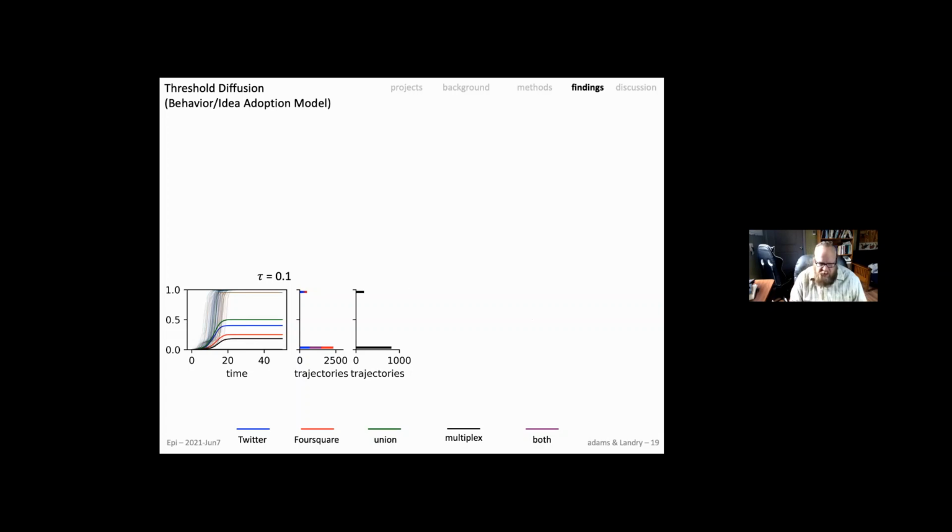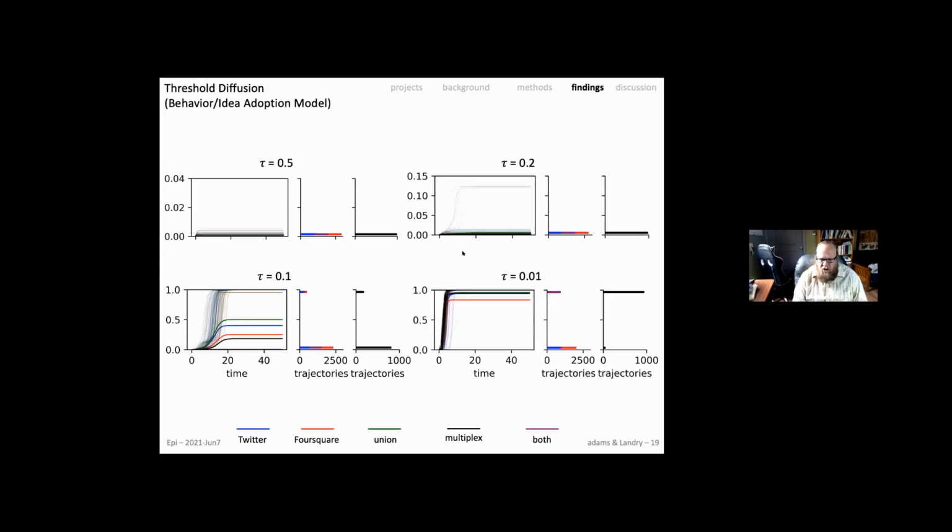Just to talk briefly about varying that threshold, we can both lower it and raise it. In this particular population, it's a little harder to see what's going on, but the main thing I want to take away is that if we raise that threshold much at all, you essentially get no diffusion in this population. It's because the network is so dense, it doesn't go very far.